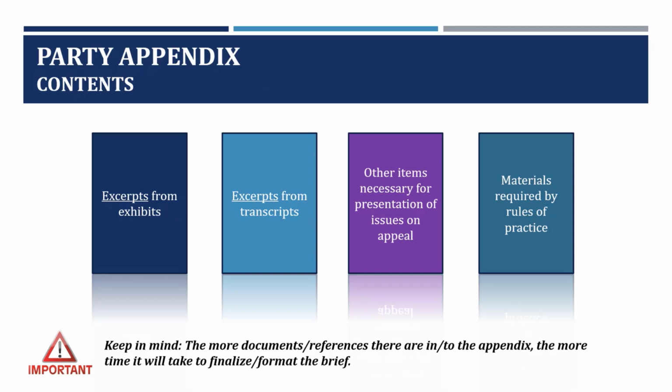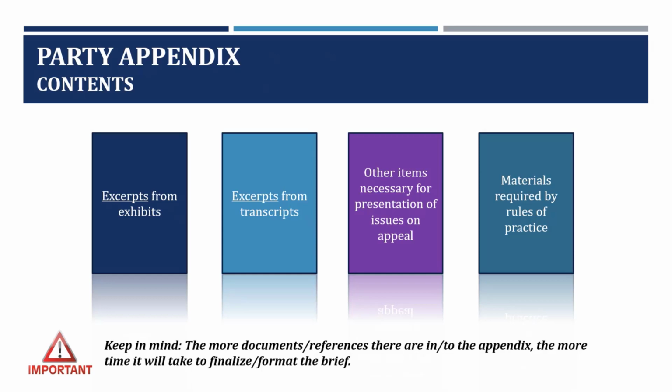And the key, of course, is to only include excerpts. The rules greatly dissuade you from putting in entire transcripts. Sometimes if it's a very lengthy exhibit, you don't even need the entire exhibit. Put in only what is needed to make your appendix more usable and user-friendly, and any other items necessary to present the issues on appeal.